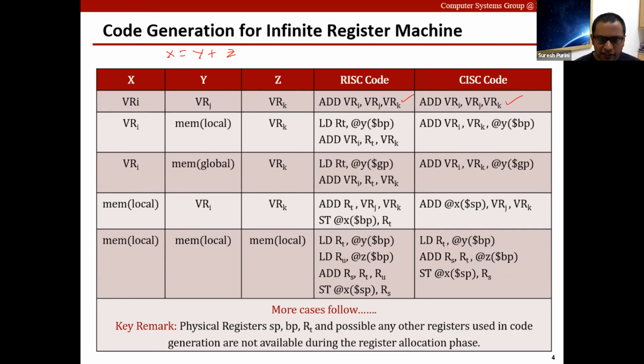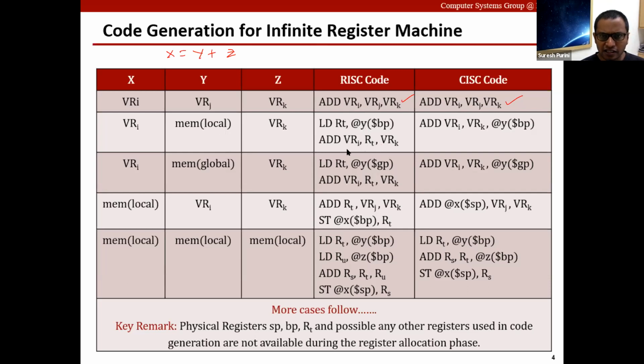And the second case is if y is a local variable, that is, it's not register safe. Then what we do is we use the scratchpad register RT to load the contents of variable y into register RT. And then we perform the arithmetic operation and the result stays in VRI.